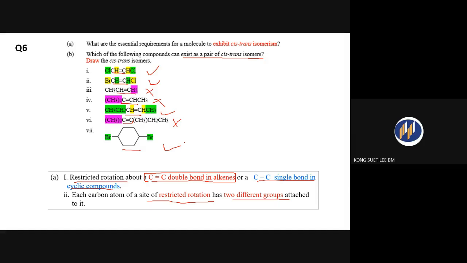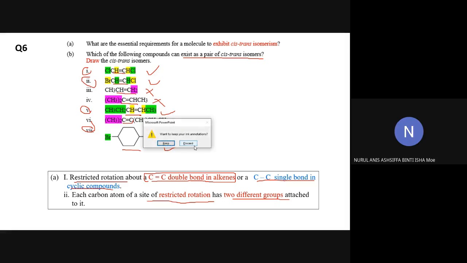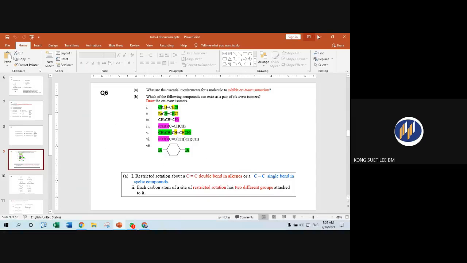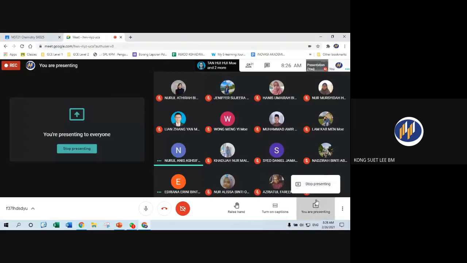Okay, so sekarang siapa yang present soalan ni? Madam nak tengok soalan 1, 2, 4, 5 dan 7. Macam mana you lukiskan cis-trans isomer dia? Okay, so whose turn? Saya. Okay, tunjukkan jawapan anda. Silakan. Anis Ashifa.